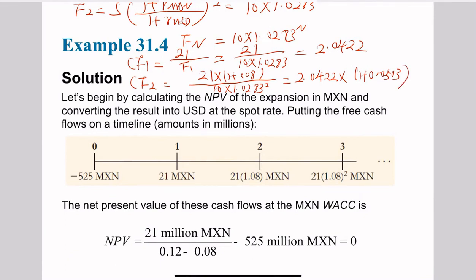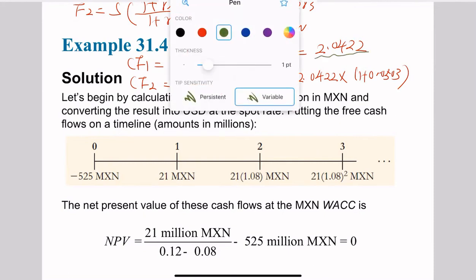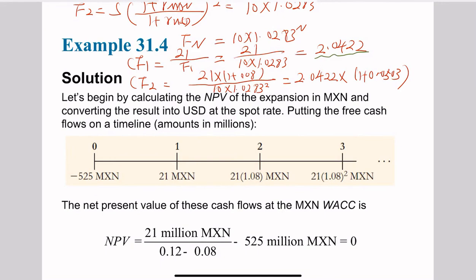And then you can do CF3, CF4, and the cash flow in the 5th year. In the end, what you can find out is the cash flow in terms of USD is given by this amount. And you can see that the cash flow will roughly increase by about 5% each year.